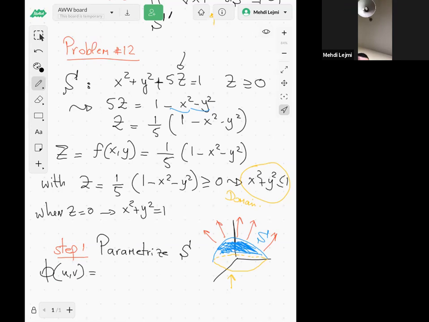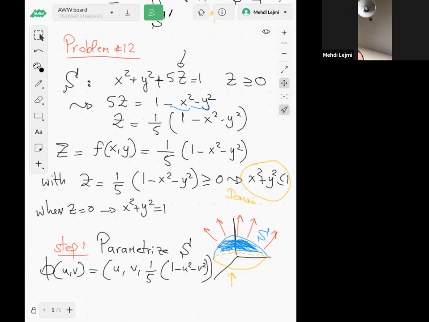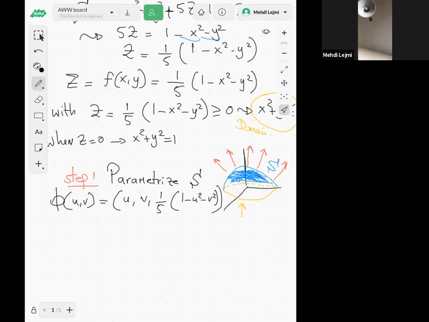As I explained many times, x is u, y is v, and z is given by my function f, which is 1/5 of 1 minus u squared minus v squared. Let's check now the orientation. T_u is 1, 0, minus 2/5 u. T_v is 0, 1, minus 2/5 v.